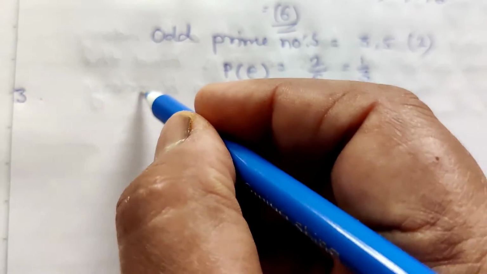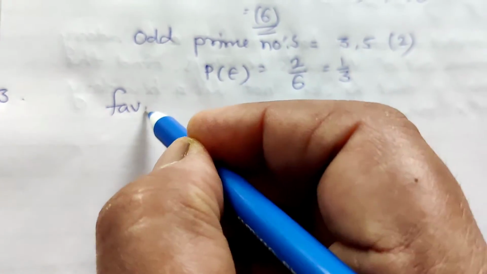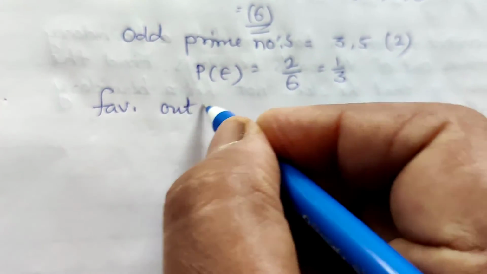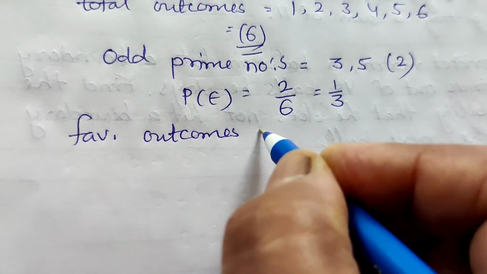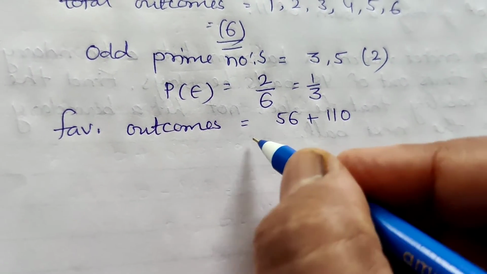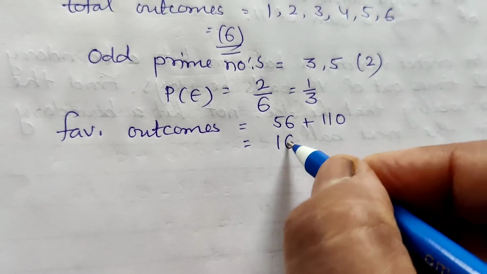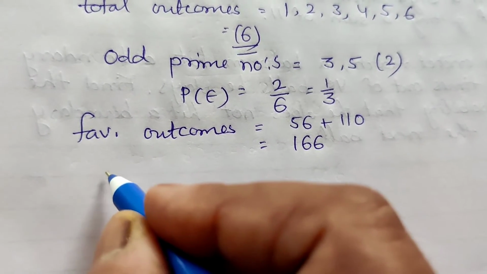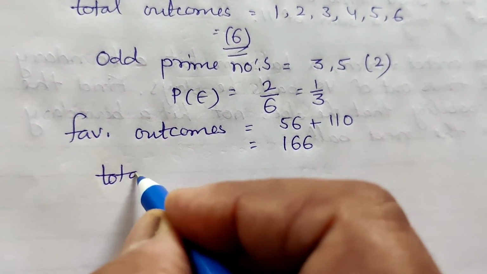We have to write favorable outcomes. These are equal to 56 plus 110. It is equal to 166. And the total outcomes 200.